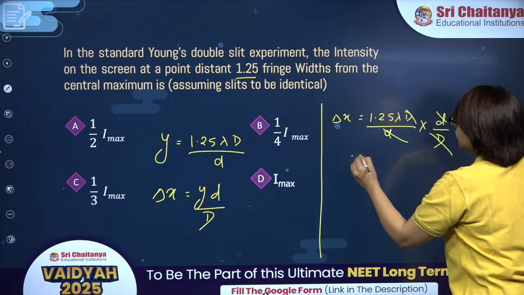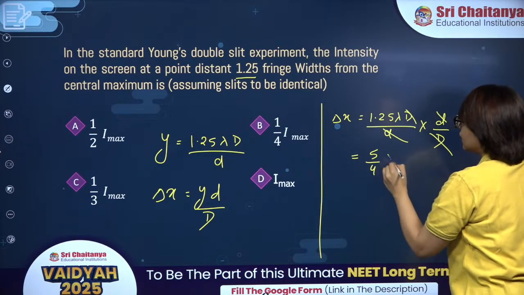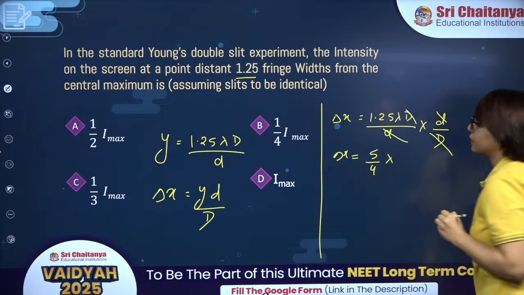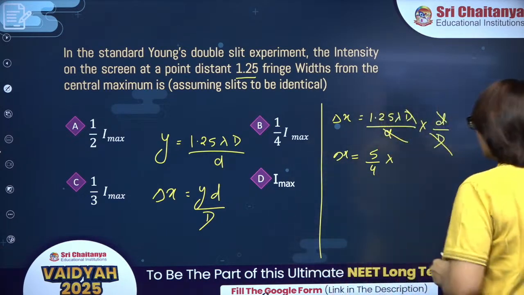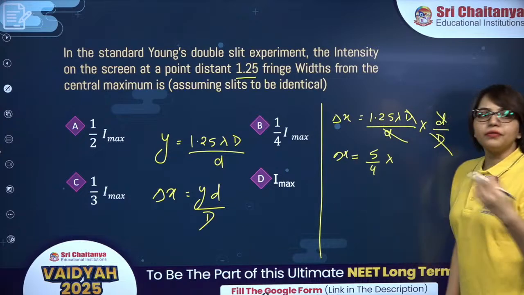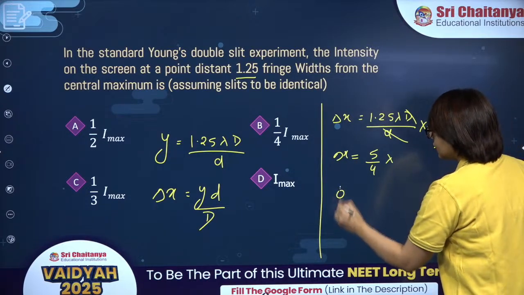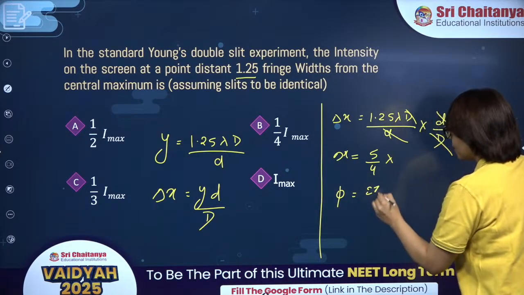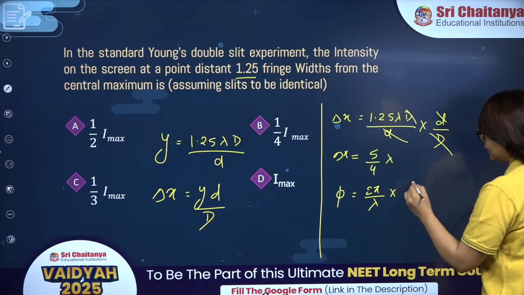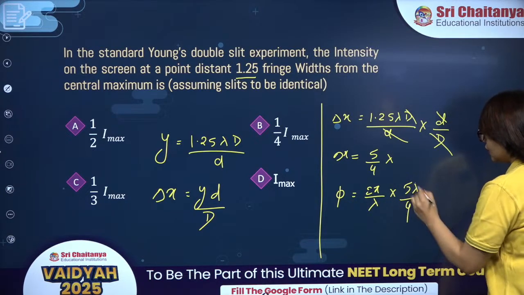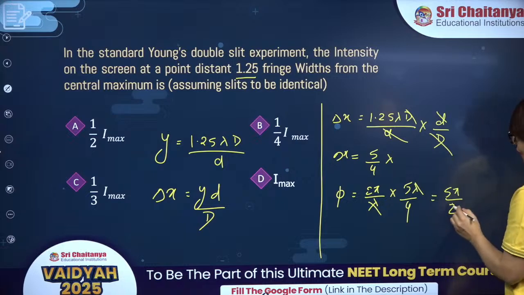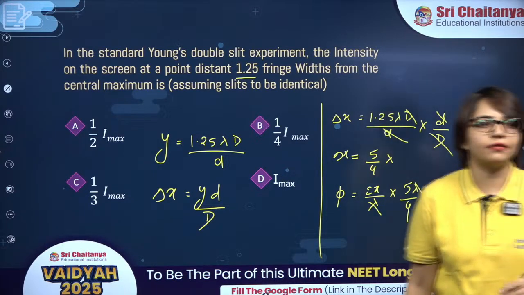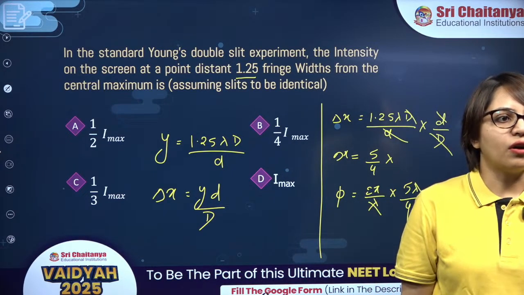So we have the path difference as 5 by 4 lambda. 1.25 is nothing but 5 by 4. Over here, you can find the phase difference now. The phase difference is 2 pi by lambda into the path difference, which is 5 lambda by 4. So it is 5 pi by 2. 5 pi by 2 is your phase difference.